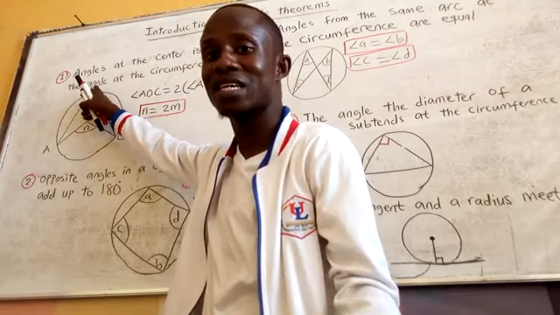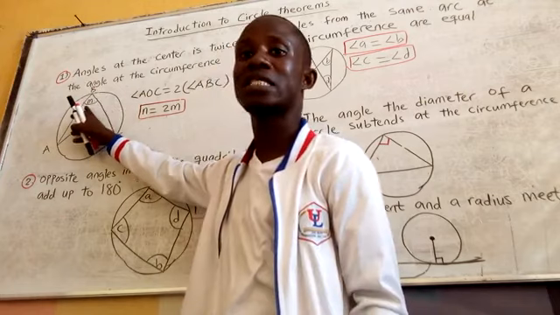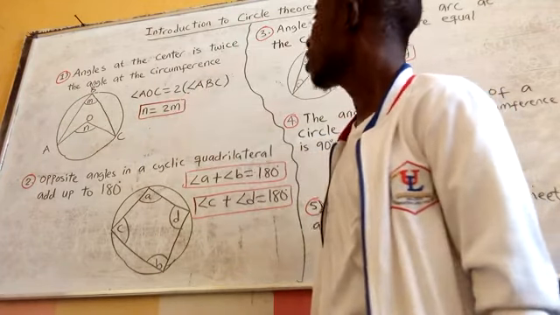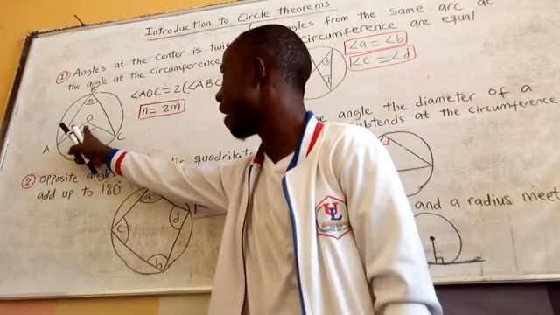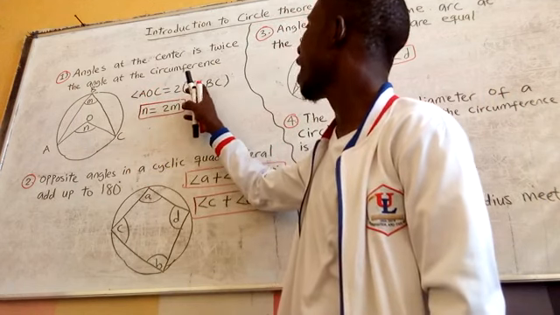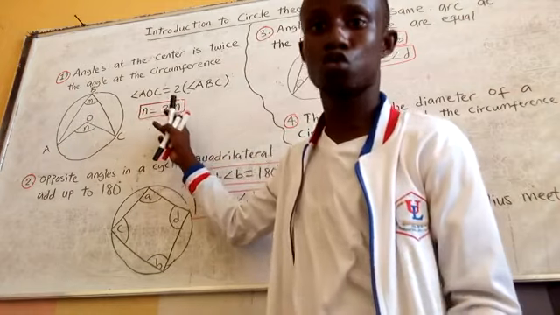Since B lies in the middle, it means B bears the angle. The angle at point B is M. So it's twice angle ABC. So here we see that angle AOC is represented by N. So N is equal to twice, meaning 2, and angle ABC is M. So 2 times M gives us 2M.